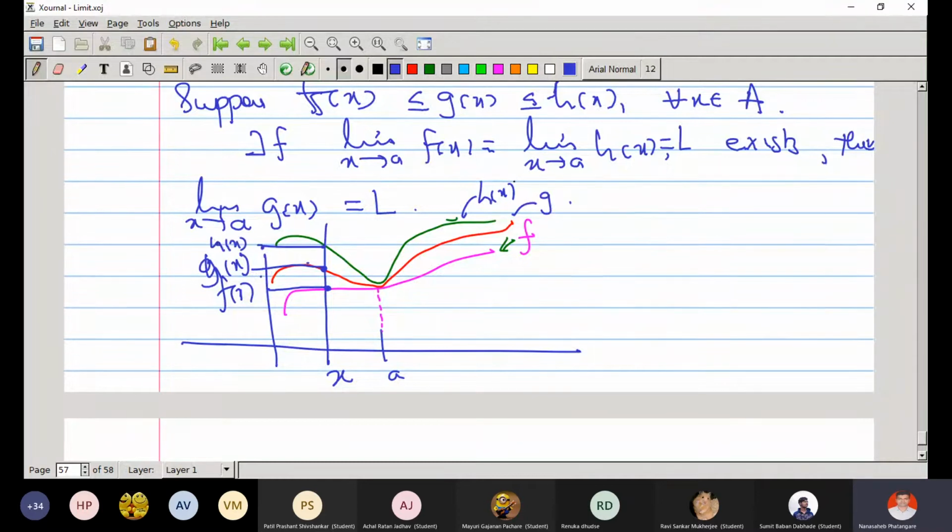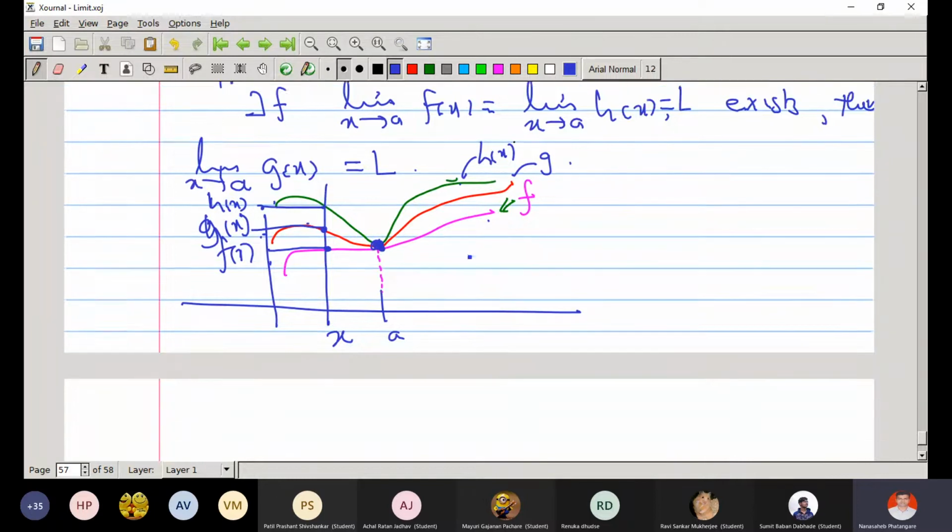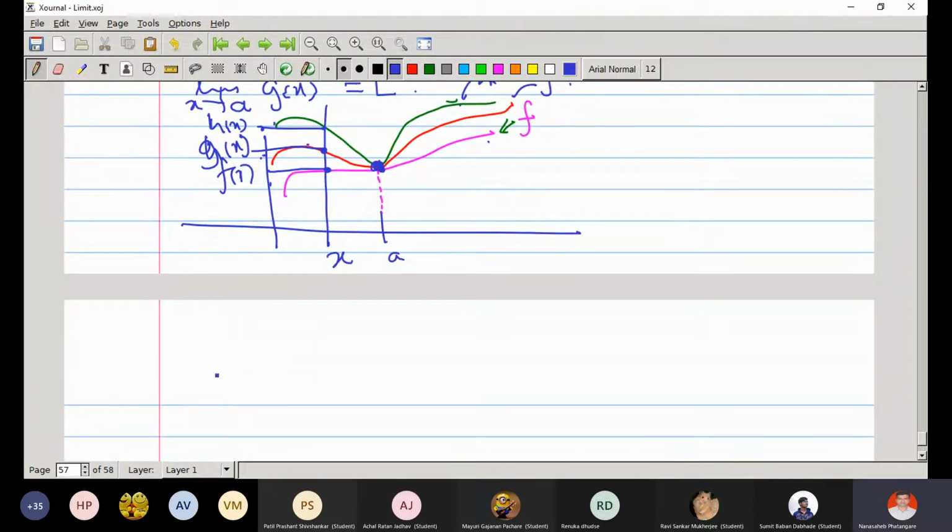If you compare the values of these functions at any x, then f(x) is less than or equal to g(x), which is less than or equal to h(x). Now, the limit of f and h at a is the same number L, so what is the possibility? g has a limit at a, and the limit of g at a must be L. That means g is sandwiched between f and h.